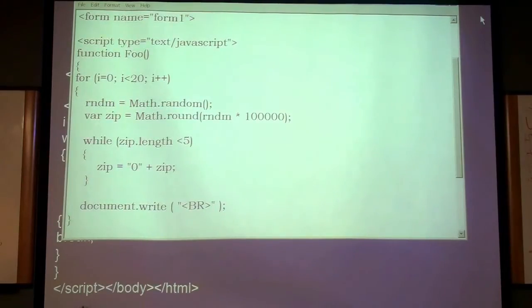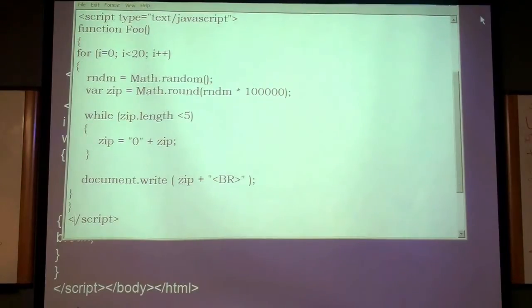And after that, I'm saying document.write zip plus br. So this is the final code, and this should generate not 20, but I'd like to generate 2000 random zips.